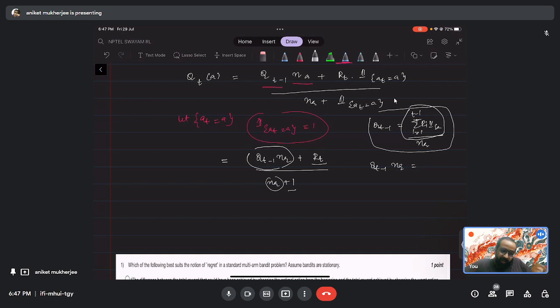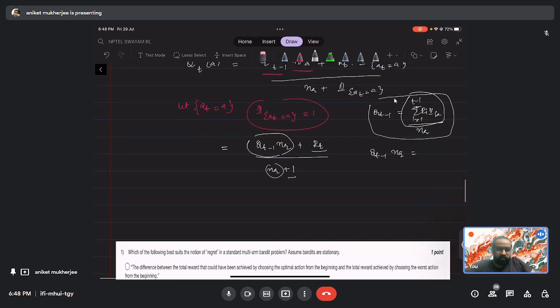So this is an iterative way of calculating Qt. Instead of remembering the whole sequence of Rt for each and every arm, you can just remember the expected reward of a till t minus 1 and the number of times it has been picked.